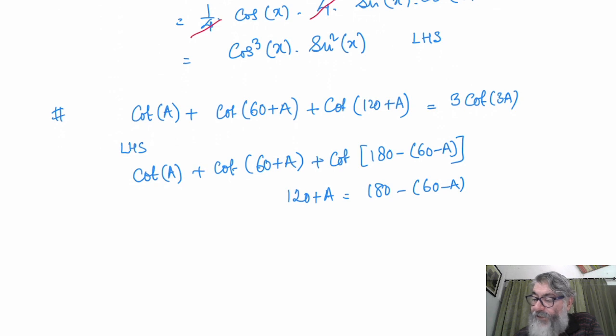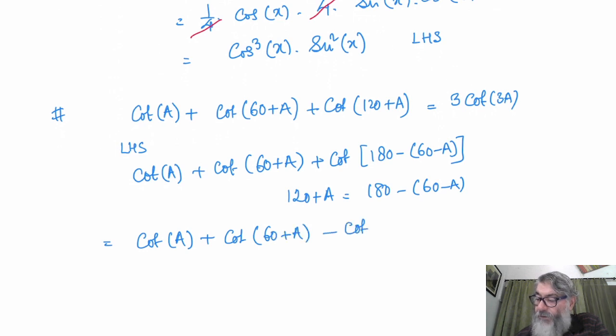But cot (180 minus theta) will be minus cot theta, because it will come into the second quadrant, and in the second quadrant only sine and cosec are positive, the rest are negative. So what will you get? Cot (60 plus A) minus cot (60 minus A). Is that clear?